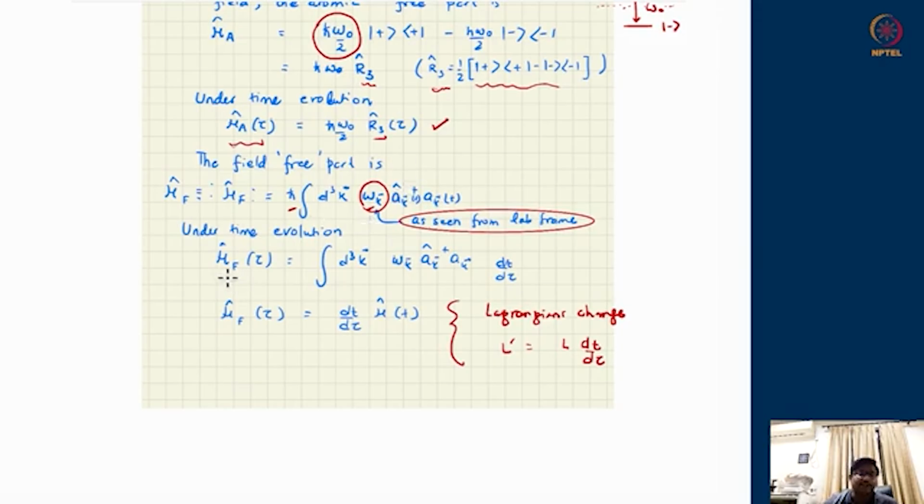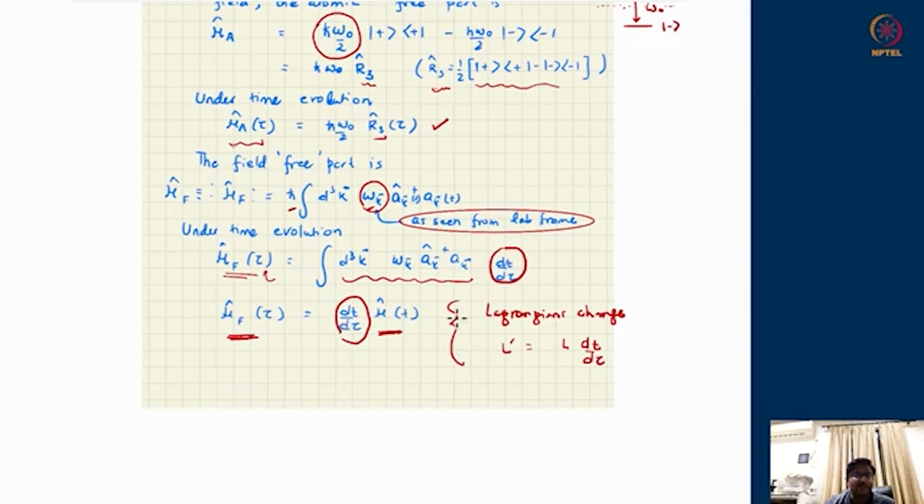So the description of the field in the atom's frame is given by the Hamiltonian HF, and in the frame of the atom its time evolution is controlled by parameter tau, which is just the previous Hamiltonian times an extra factor dt upon d tau. So the free field's Hamiltonian as seen by the atom is the free field Hamiltonian as seen by the lab observer times this dt upon d tau.